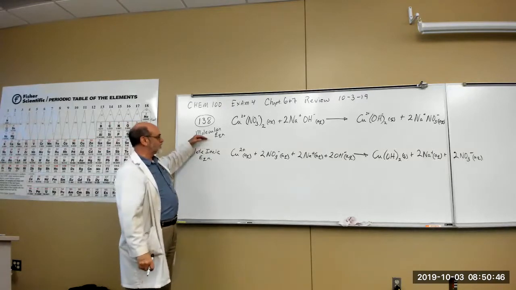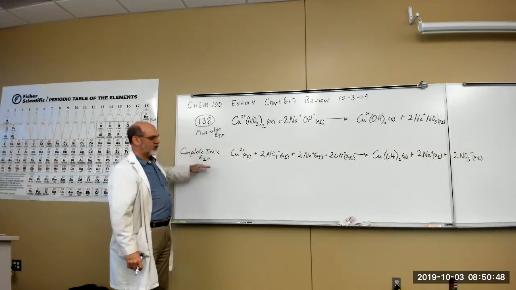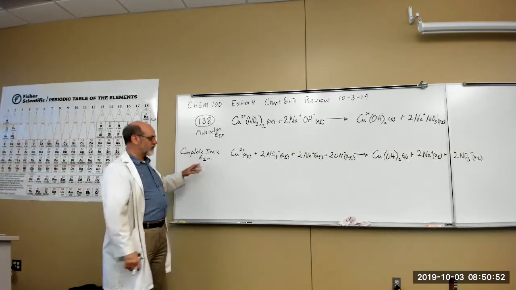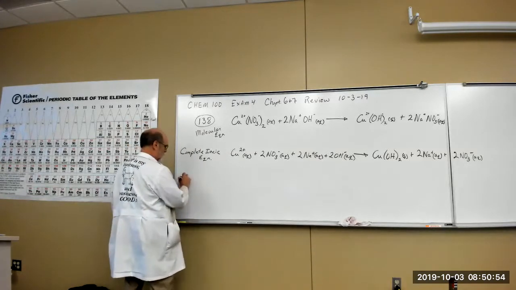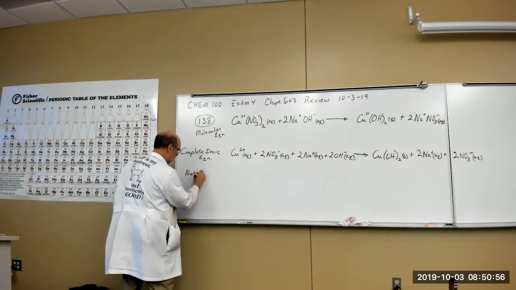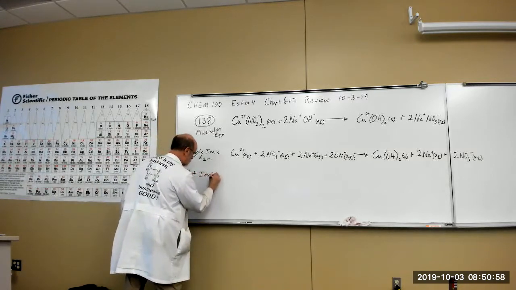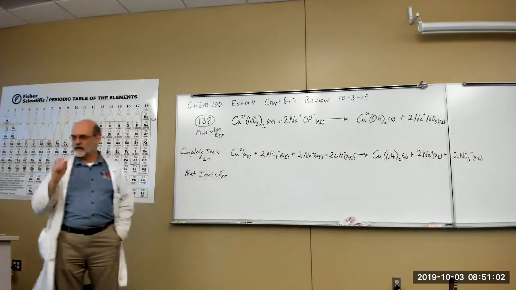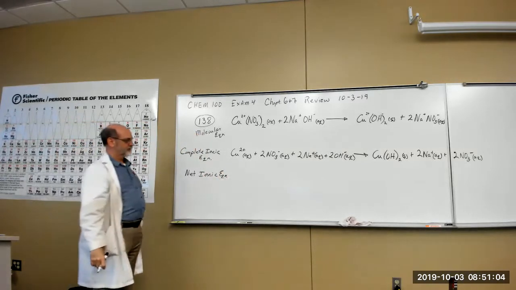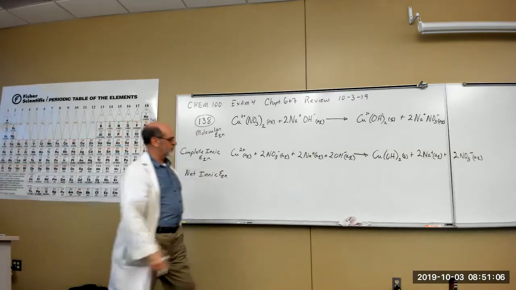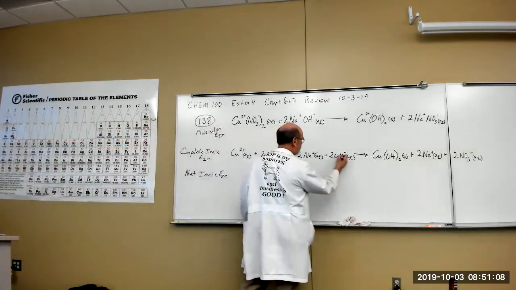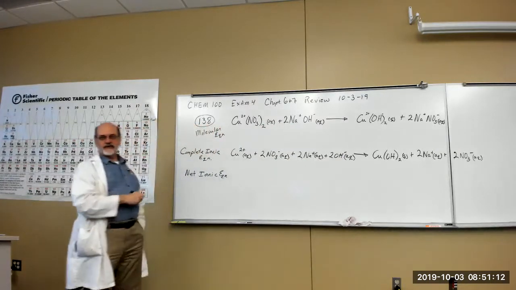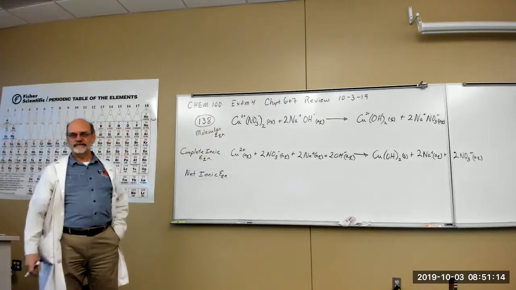You've got to balance this one first, then you can write this one. Okay. Then what do you do to go to the net ionic equation? What do we look for? Starts with S. Spectators. Those ions are just sitting on the sidelines. They're not doing anything.